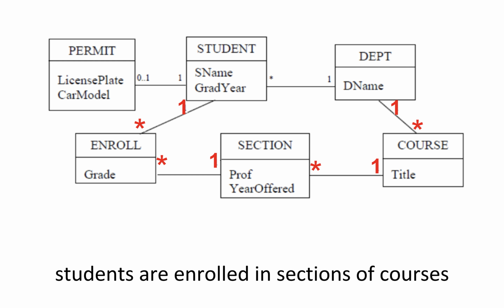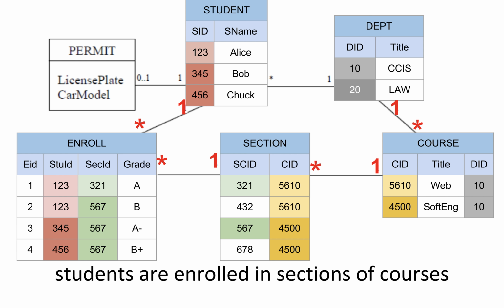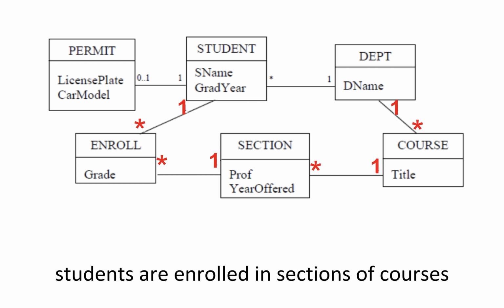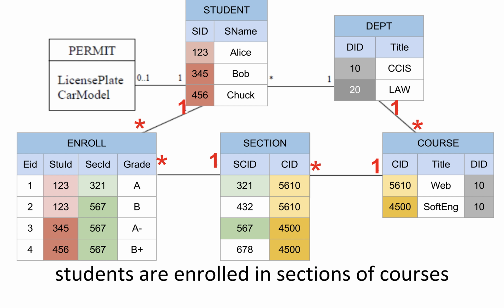Right. So for instance, just to go through this real quick, I'm just highlighting here the cardinality, and giving you examples of what they would look like in tables. So a student might have these three students, Alice, Bob, and Chuck, with different IDs.